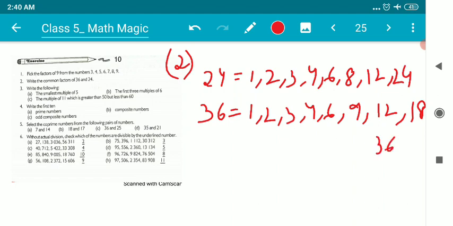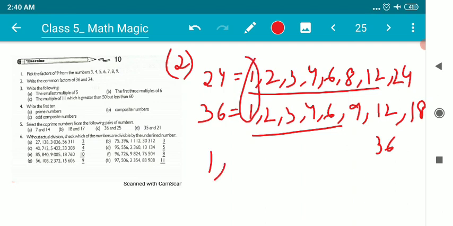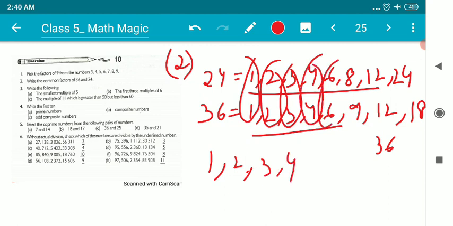So children, when we're talking about common factors, we will find the pairs of similar numbers from both the lists. Here we can see 1. 1 is common. Common means which is present in both places. So 2, then 3, then 4, then 6, then 12.